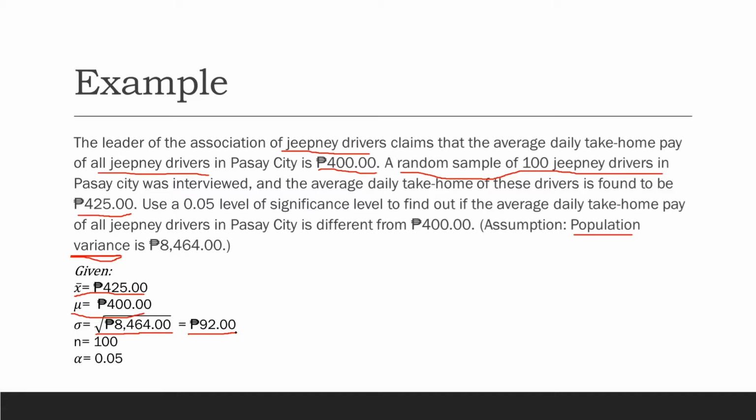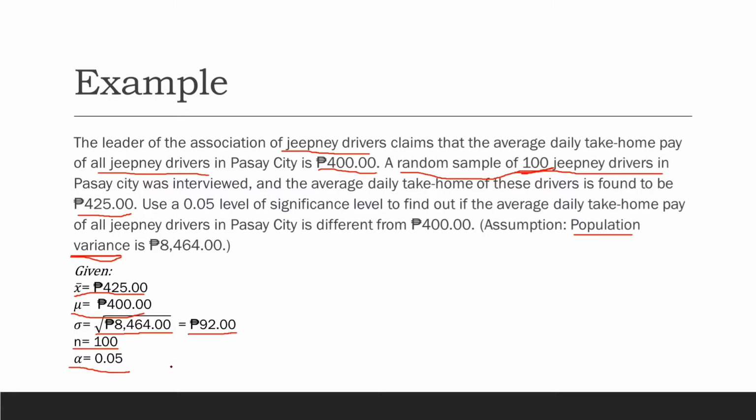Again, kapag ang given natin is variance, we need to transform it into a standard deviation, so we will square root the variance. Next natin is yung n natin, which is the random sample, 100. And then, the level of significance is 0.05 or 5%.